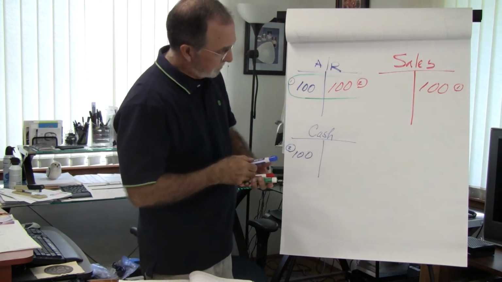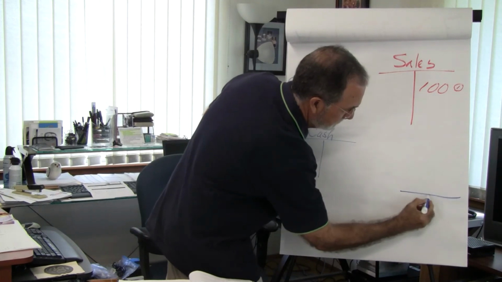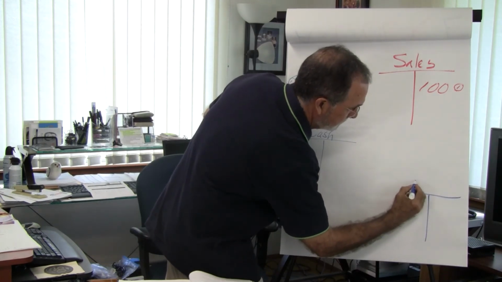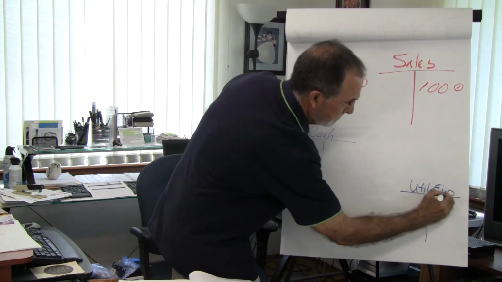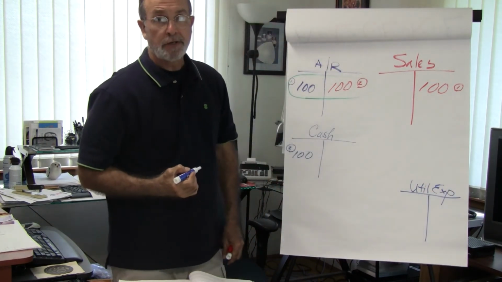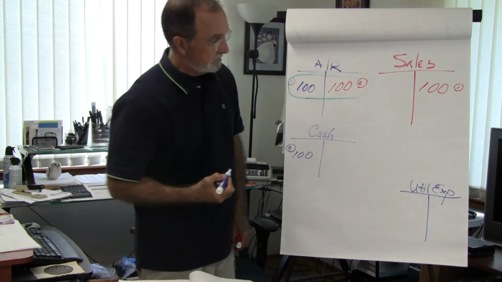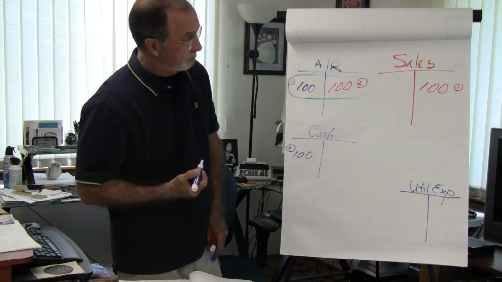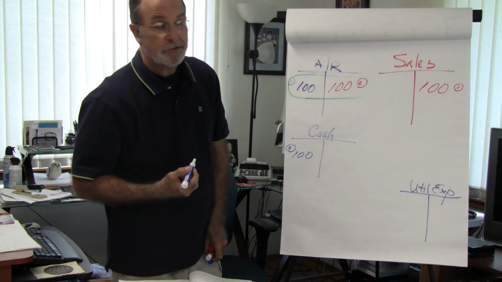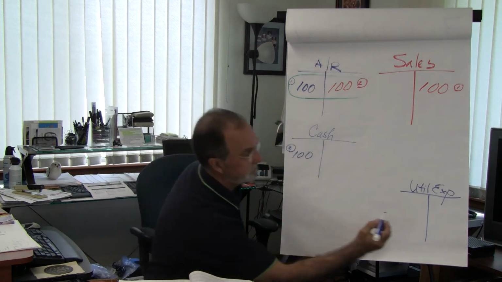And so how we would do that would be to record a utility expense this month, and with the cost of electricity being what it is lately, let's say it's $300.